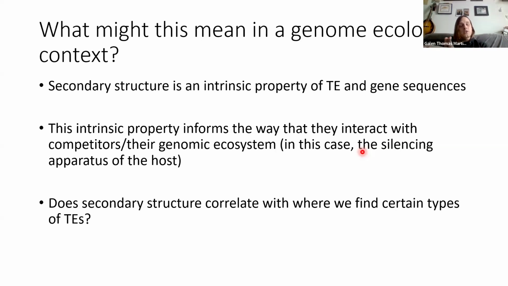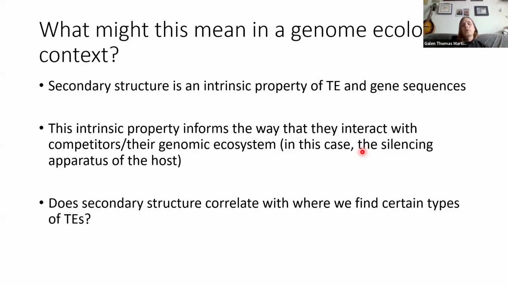Sometimes they're really close to genes, sometimes they're really far away from genes, sometimes transposable elements only colonize the centromere, and sometimes they don't, right? So transposable elements, as we've already seen here, are extremely diverse, and they appear to take advantage of niches within genomes.